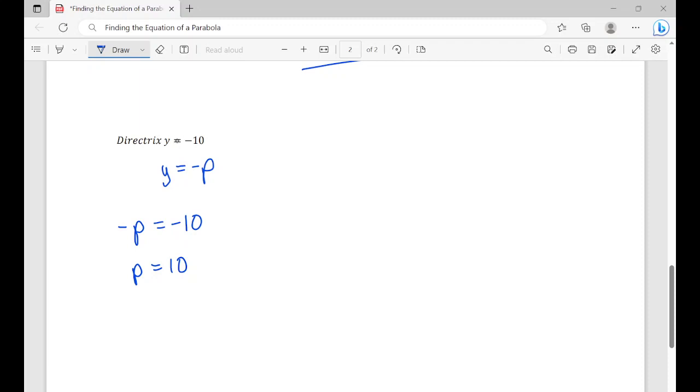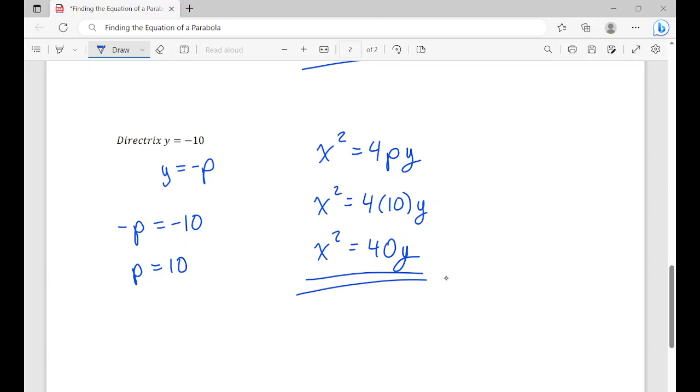And since the directrix is y equals negative 10, the basic form that connects to it is x squared equals 4py. And now we just plug in our p-value and work it out. So x squared equals 4 times 10y. x squared equals 40y. And this would be the equation for this parabola.